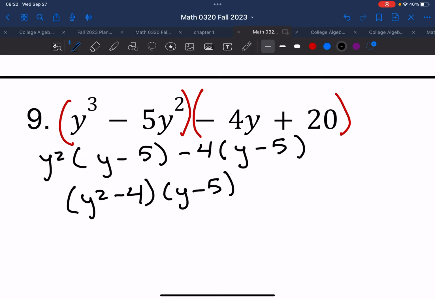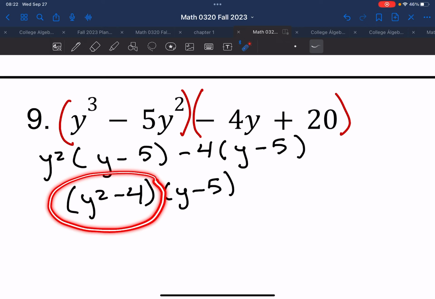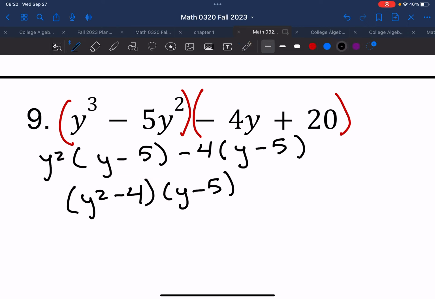No. No, what is not completely factored here? This first parenthesis, right? Because this first parenthesis looks like the special case of perfect squares. Okay? So that means we continue factoring by taking the square root of each of these terms, and we get the square root of y squared is y, and the square root of 4 is 2.